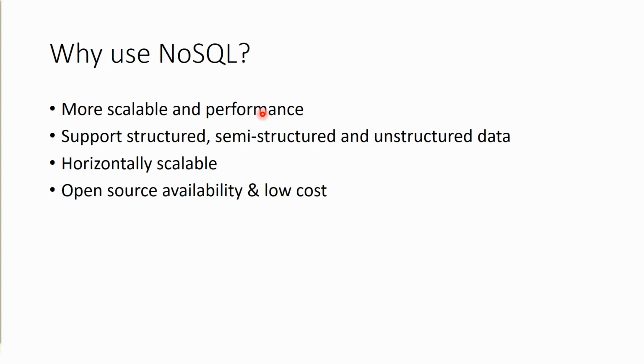Whereas a NoSQL database is horizontally scalable, which means that you can scale the database by increasing the database servers in the pool of resources. So you just increase the database servers and they'll start sharing the load, thereby reducing the load on the database.